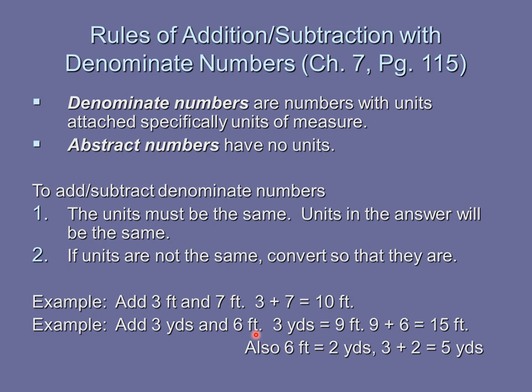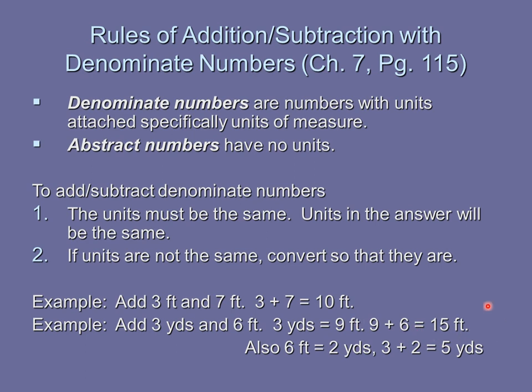So what you can do is convert both of those. You can keep both of those as feet, meaning you convert the first one to feet and add them, which is done in the first line. Here we convert 3 yards because we know that 3 yards means 9 feet, because 1 yard means 3 feet, and then we add them.